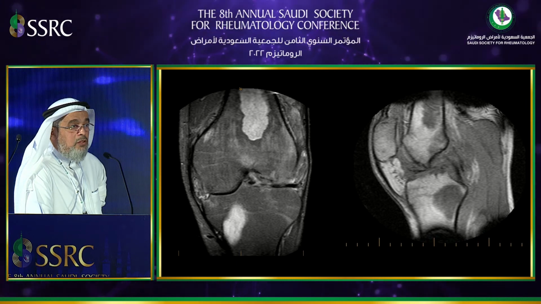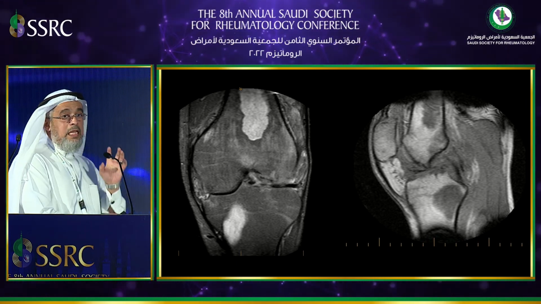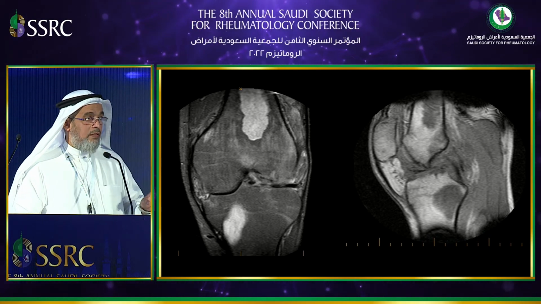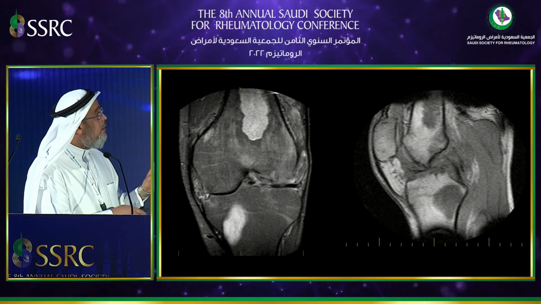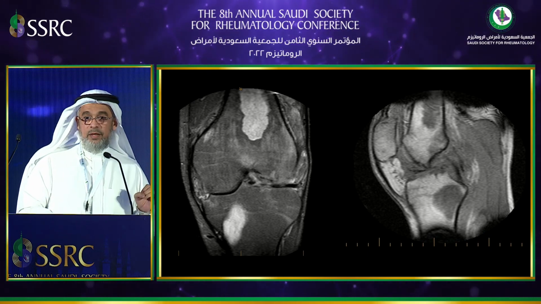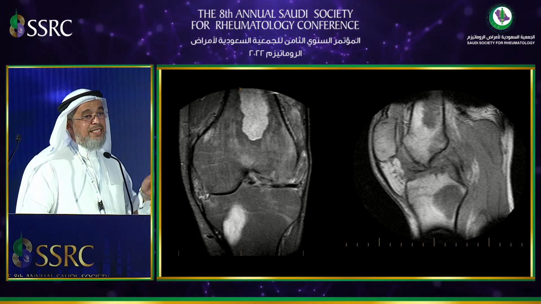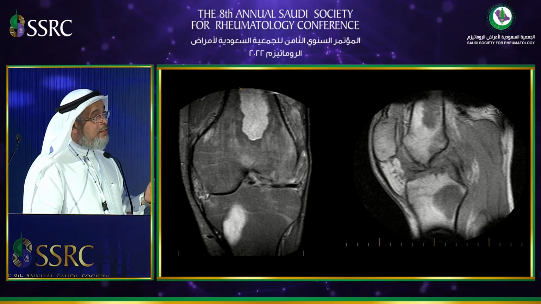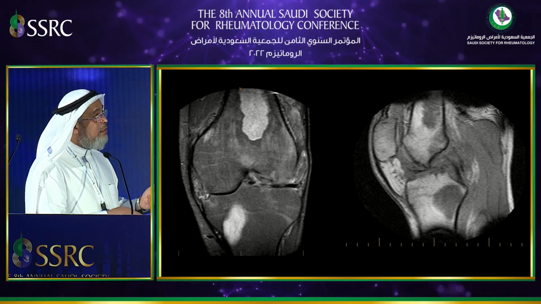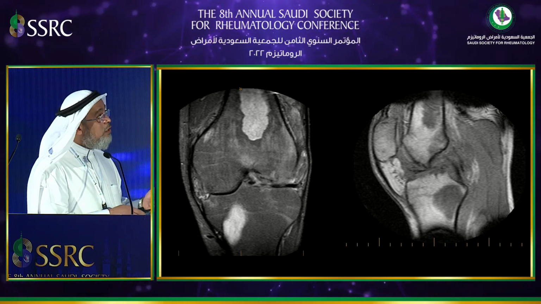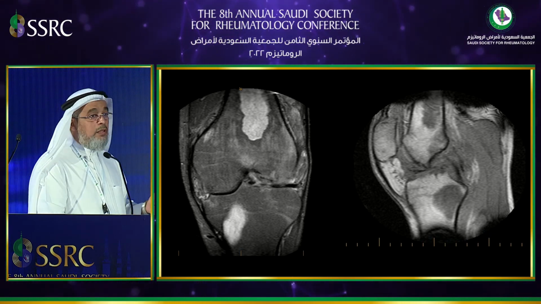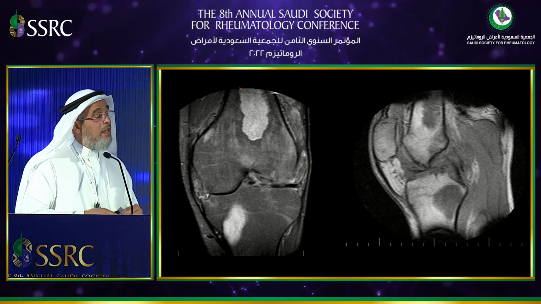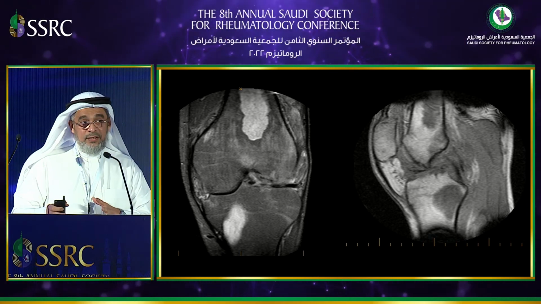So what we know is that intraosseous rheumatoid nodules can happen in these cases, but not in this region, number one. Number two, it should be a cystic component rather than a soft tissue component. A cystic component should be very low signal intensity compared to the muscles, but this one is more towards the soft tissue rather than cystic.